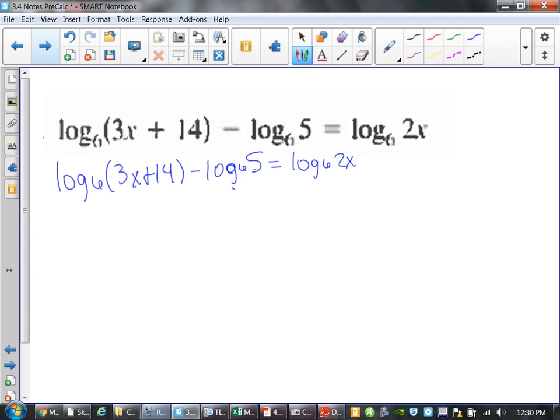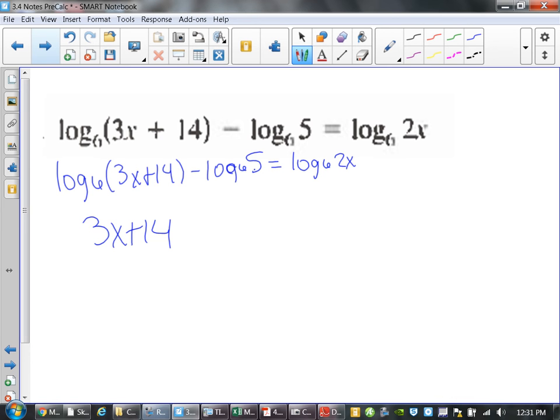Is that a 6? Is that a plus or a T? Is it an S or a 5? So you exponentiate all of them, so then you get 3x plus 14.